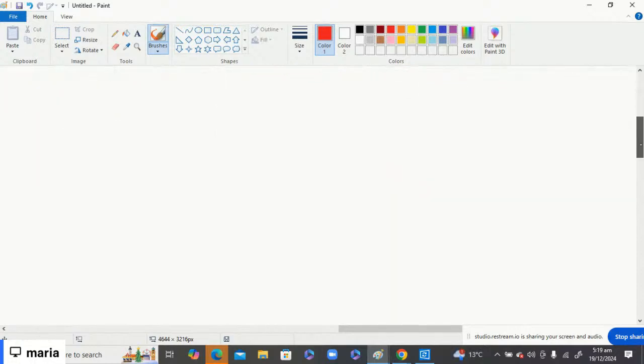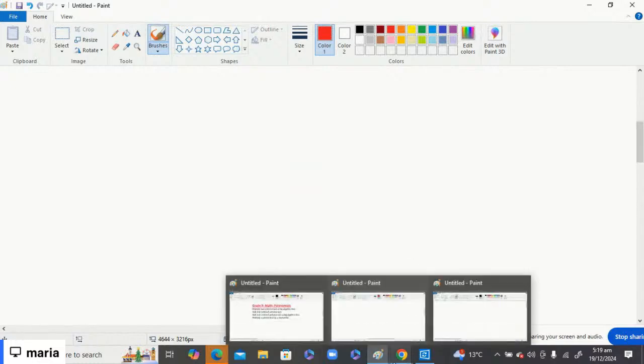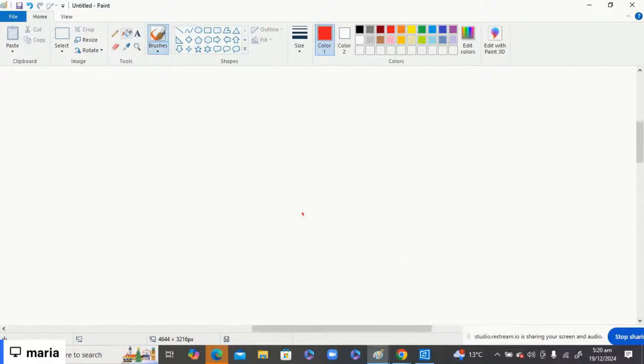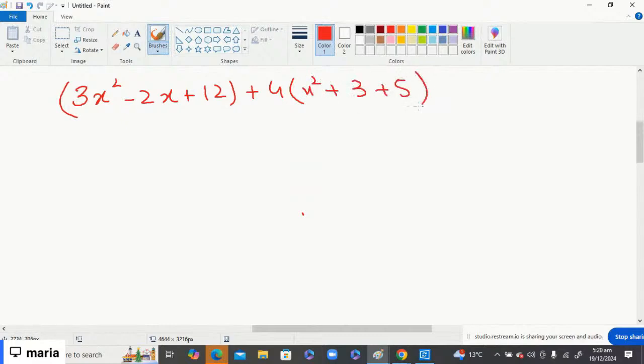Okay, let's do the next. For example, simple things like square terms are involved now. Three x square minus 2x plus 12, plus 4 into x square plus 3x plus 5.